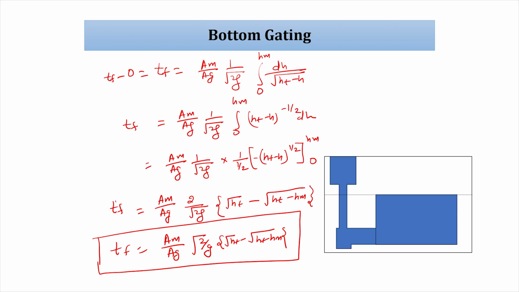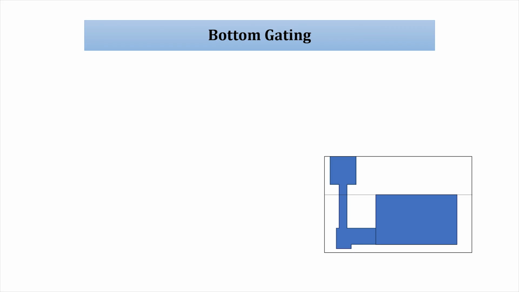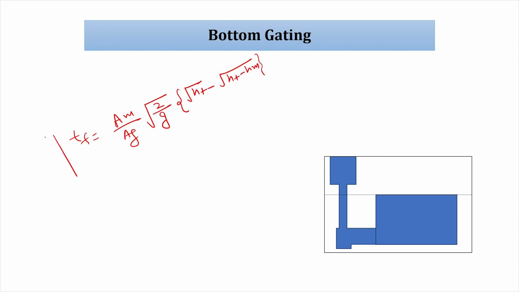This is the expression for Tf. So, Tf equal to Am by Ag root under 2 by g, root under Ht minus root under Ht minus Hm.